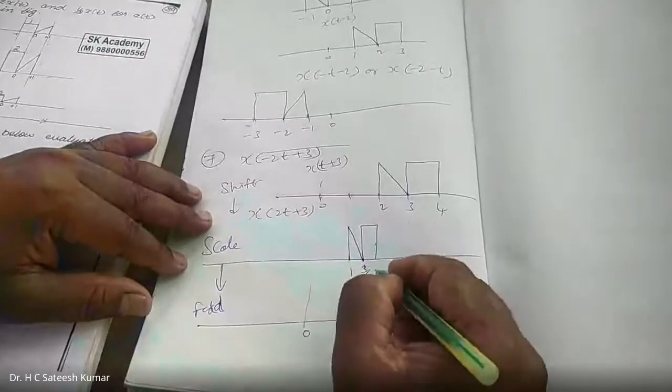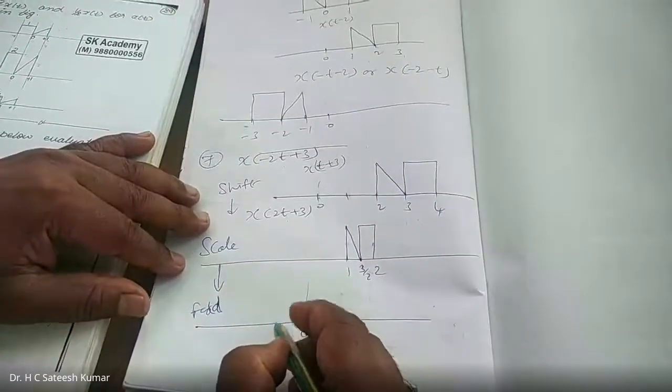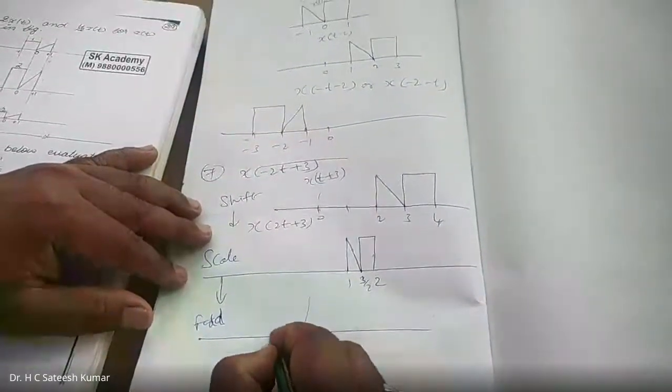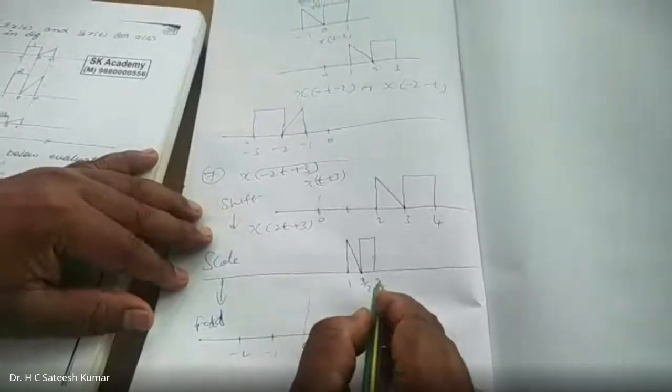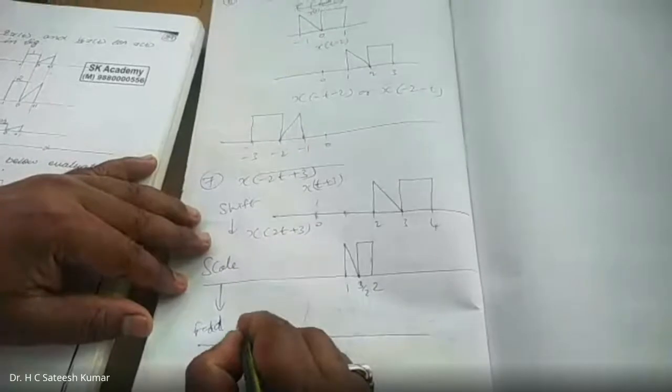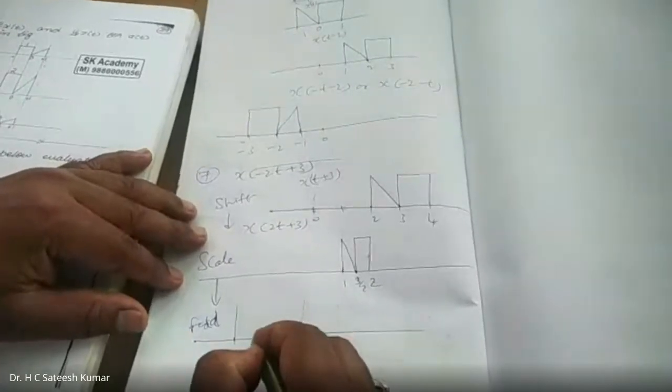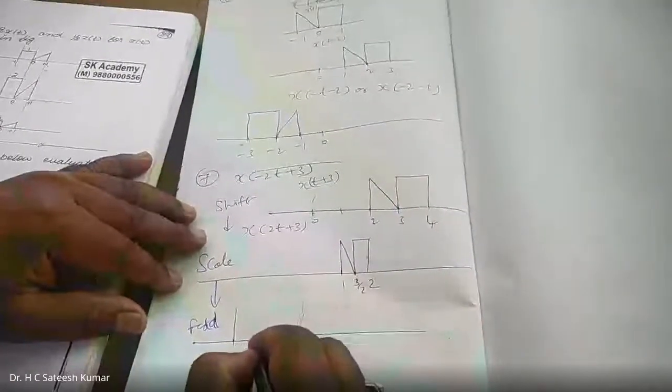Folding is nothing but folding about the origin. 0, 1, this is 2. -1, -2. 2 will go to -2. And this is -3 by 2.